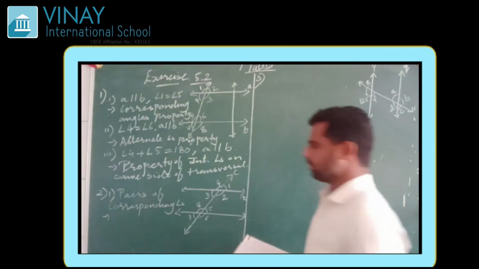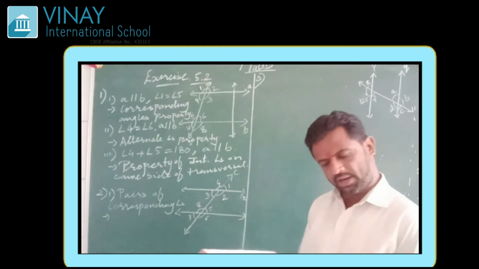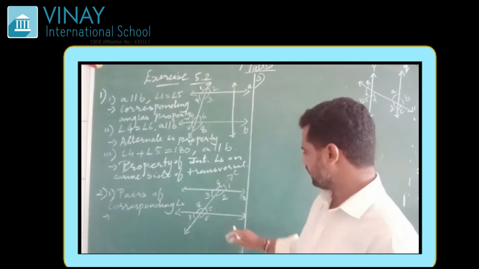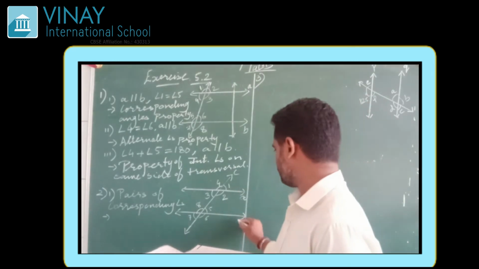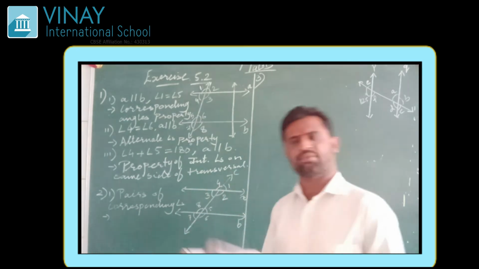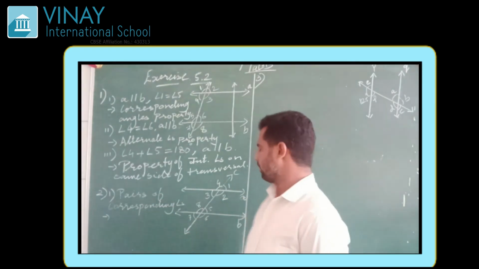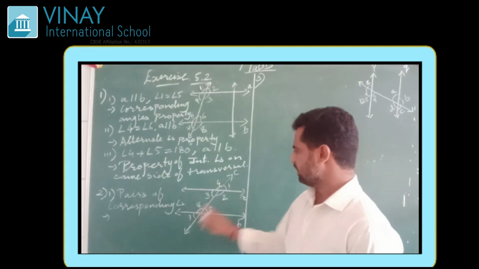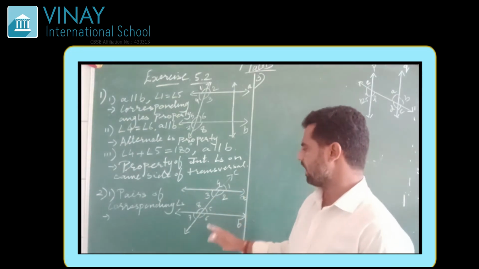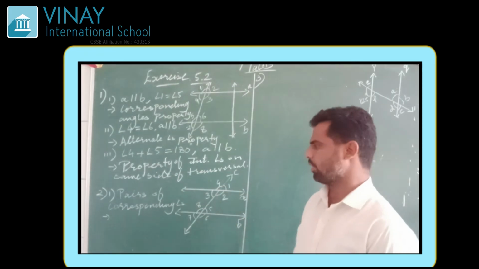Now question number 2. Here one figure is given, line A and line B, and C is the transversal. In the adjoining figure, identify the pairs of corresponding angles. The angles are named angle 1, 2, 3, 4, 5, 6, 7 and angle 8. We have to find out the pairs of corresponding angles.